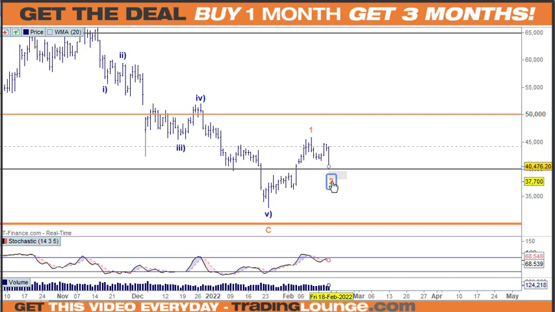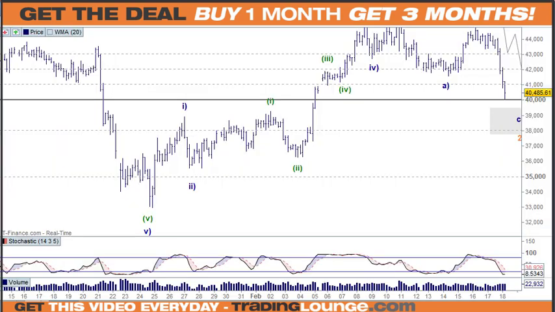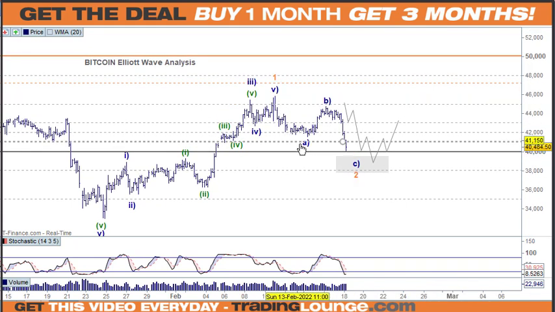What we can do is look at the first move down as wave A there. Let's get a little bit closer to the market. In this instance, we can look at this as wave A, wave B, and 5 waves down for wave C here. So I can see that we've got 1 and 2 in here. I've been a bit short on time to count that, but I'm quite sure that we're going to get a 3, 4, and 5 to come in here.